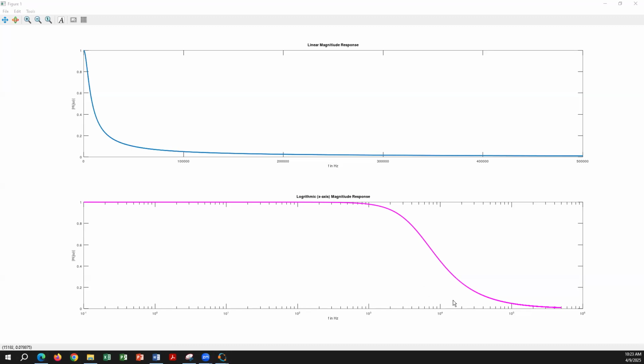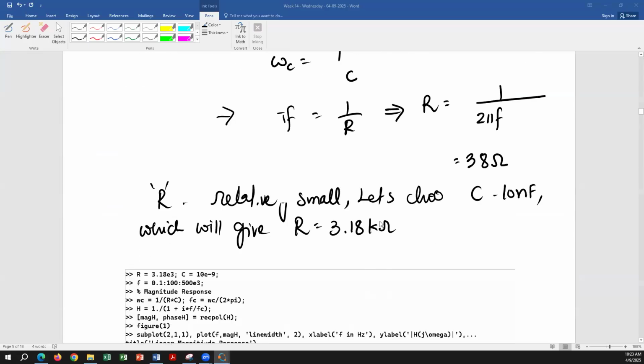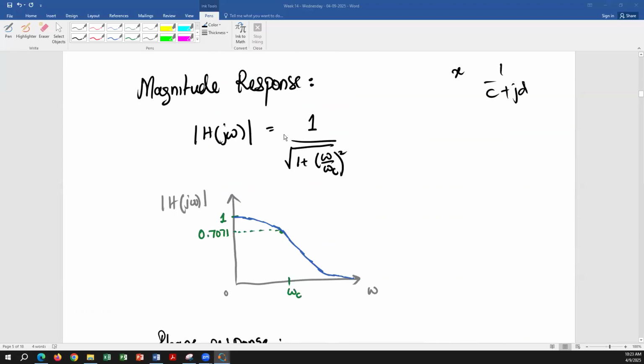So that's how you're going to figure that out in the simulation: move your cursor to 0.7071 on the plot. And of course, from the equation, you can always figure out the cutoff frequency. If you don't know the cutoff frequency, you equate the magnitude response equation with 0.7071, put the 0.7071 here, and solve for the cutoff frequency.